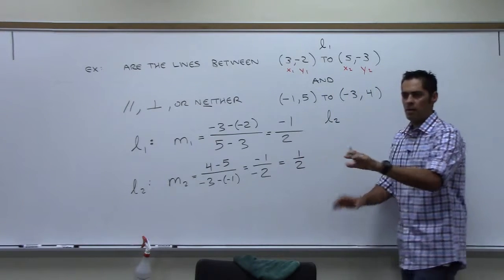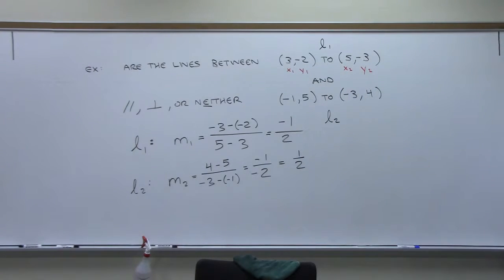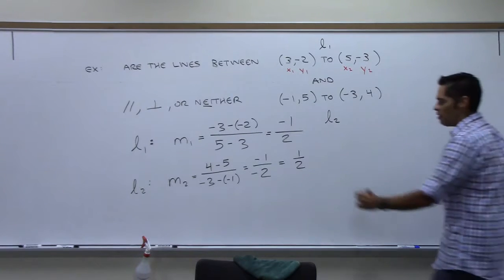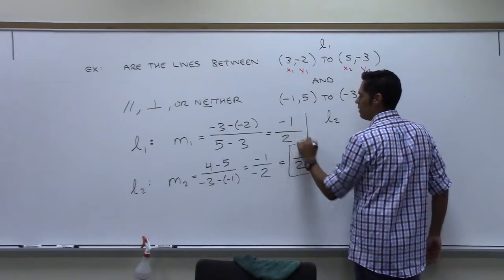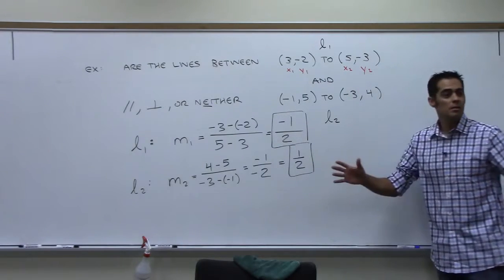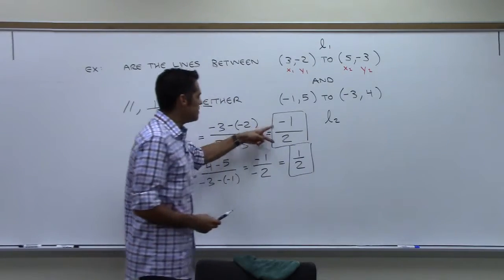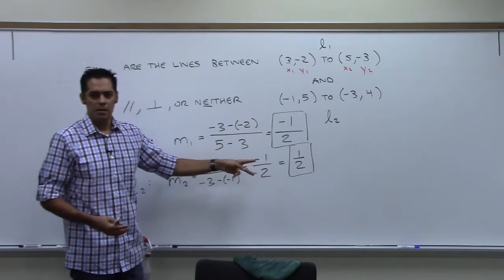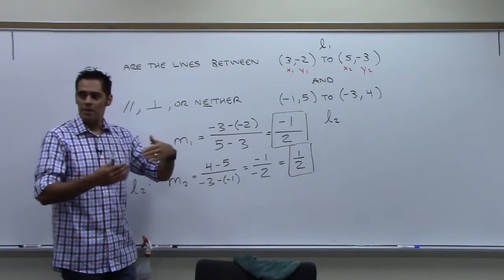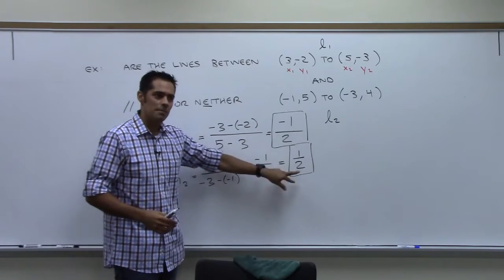Okay, that's good, Jennifer. I'm going to let someone else, whoever, I'll let you volunteer today for a little while. And if people don't volunteer, I'll call on you. So who's up? Who's going to tell me the answer to this? Neither one? Okay, these are not the same, right? They're off by a sign. So you might be thinking, oh, perpendicular, they're off by a sign. No, they have to be perpendicular but flipped, and it's not.